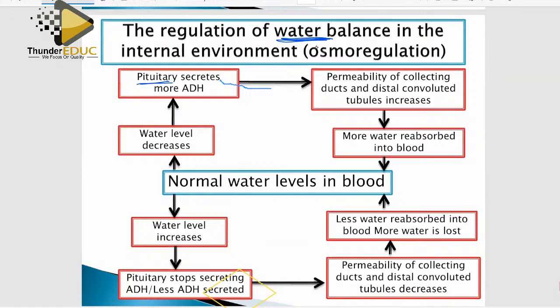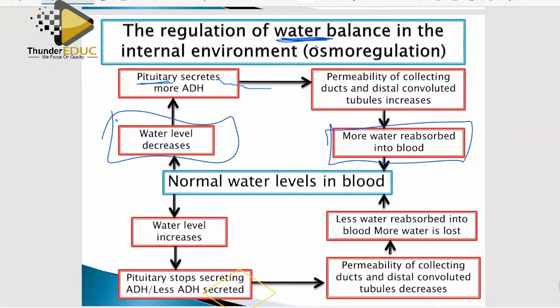The hypothalamus produces this hormone and it is stored in the pituitary gland. So they can work concurrently, depending on the language you use when explaining it. If there is a low level of water in the body, the last point must be that more water is going to be reabsorbed.